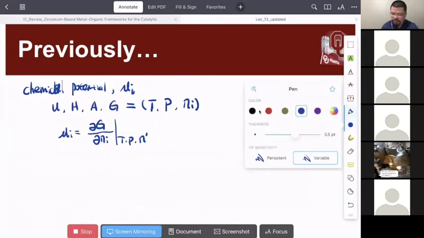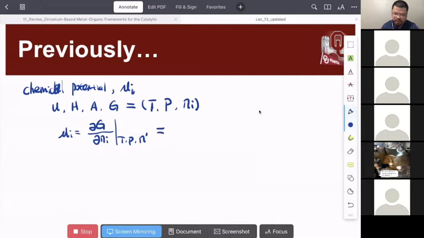But of course, we can utilize the other energy equations to define this as dU over dn_i. Now we need to look at what the parameters we have to fix would be. And then we have dH over dn_i.